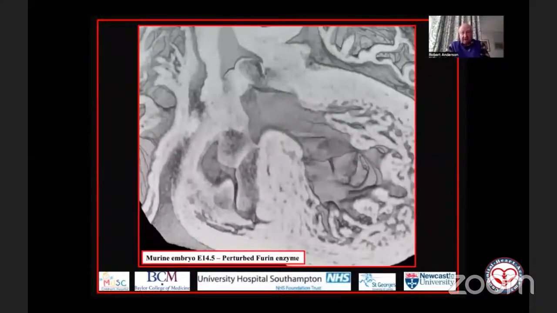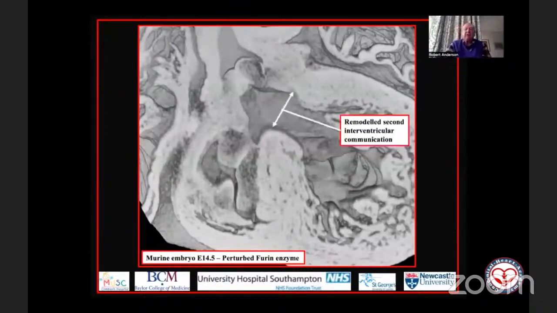And I can show you a mouse heart in which we have perturbed the furin enzyme, and that has stopped the heart from developing normally. And it's comparable to the situation I showed you earlier, where the aortic root was overriding the crest of the ventricular septum.